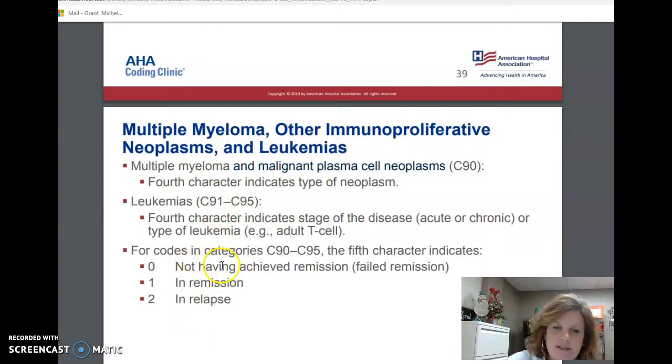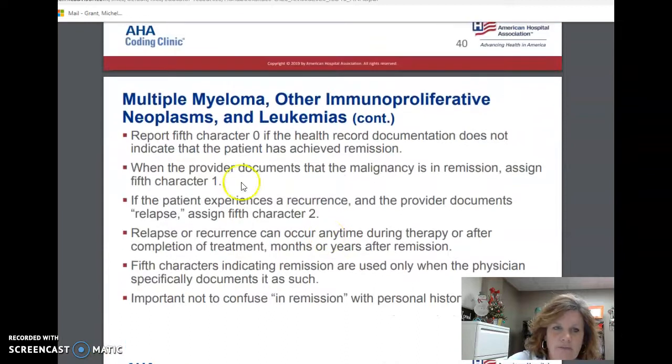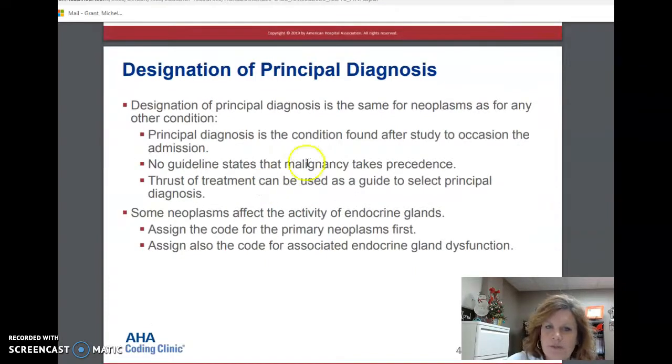It has to be stated for you to use that fourth character, so you have to have documentation for these. Designation of principal diagnosis is the same for neoplasm as any other condition. Whatever brought that patient in after study to occasion their admission is going to be your principal diagnosis.